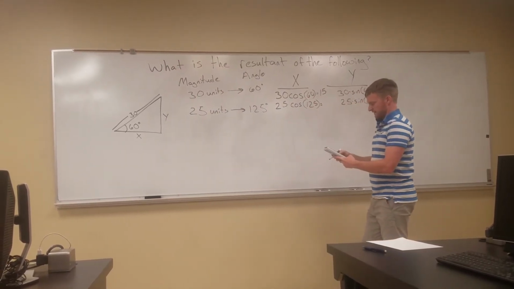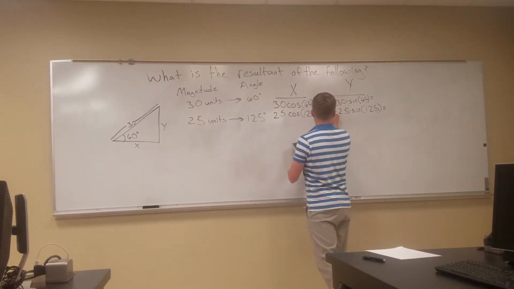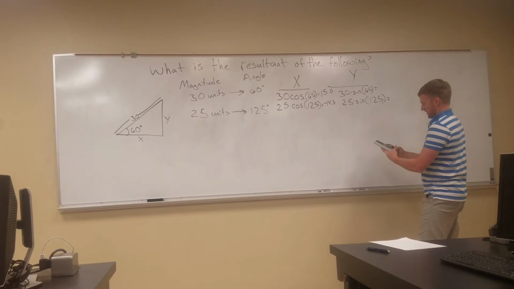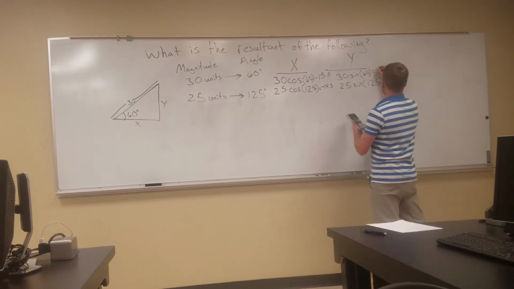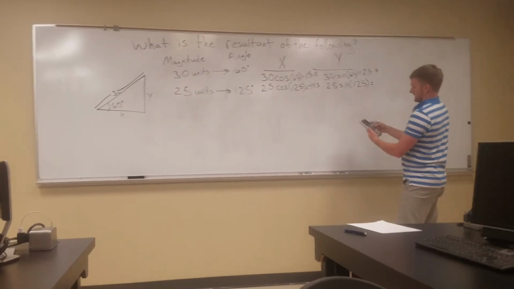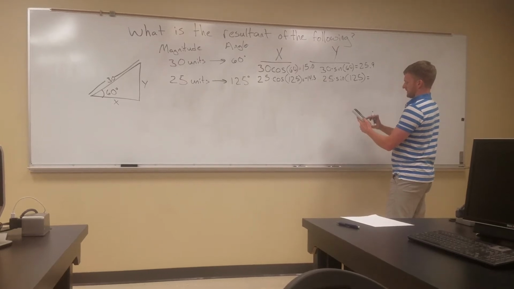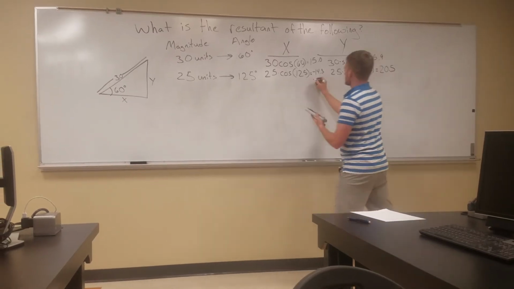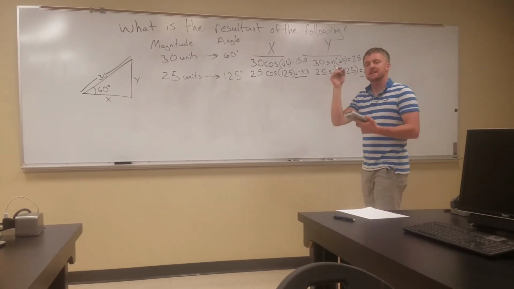Okay? 25 cosine 125: negative 14.3. 30 sine 60, we get 25.9, and 25 sine 125, we get 20.5. Okay?